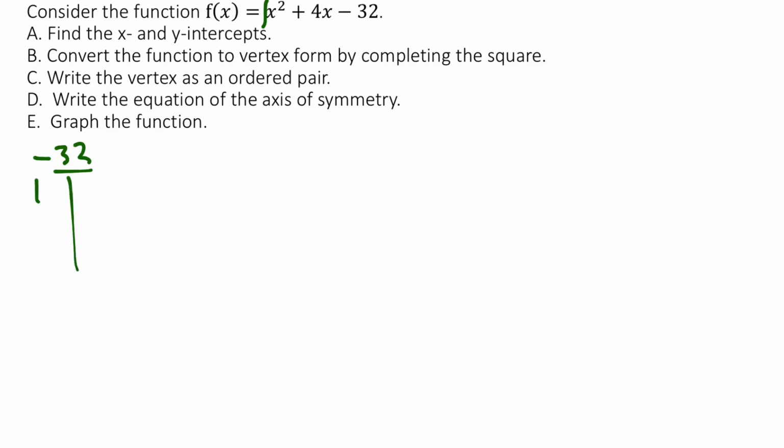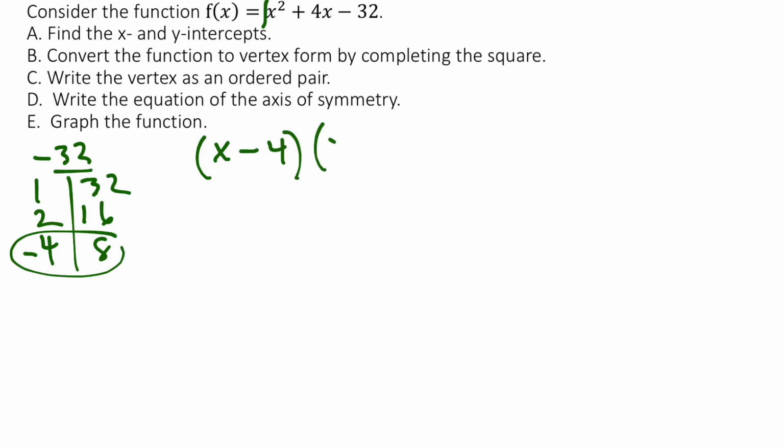So we've got 1 times 32, 2 times 16, 4 times 8. So we've got to multiply to give negative 32, so we need 1 negative. We've got to add to give positive 4, so the negative would go here. So since we've got a leading coefficient of 1, we can jump to our factored form by putting negative 4 in the first set of parentheses and 8 in the next set of parentheses.